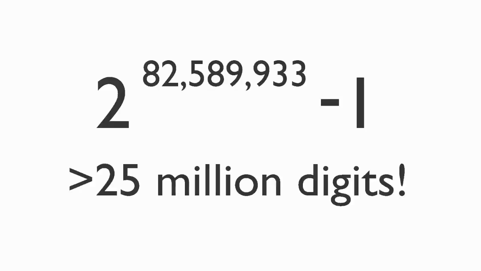But what if you're checking the largest prime number currently known? The one we mentioned earlier, that was 25 million digits long. You can't just tell your computer to generate all the prime numbers up to that enormous number, because it would take way too long.